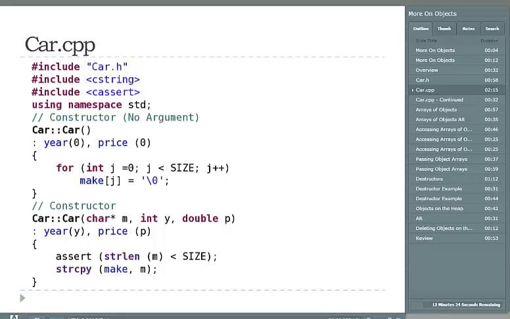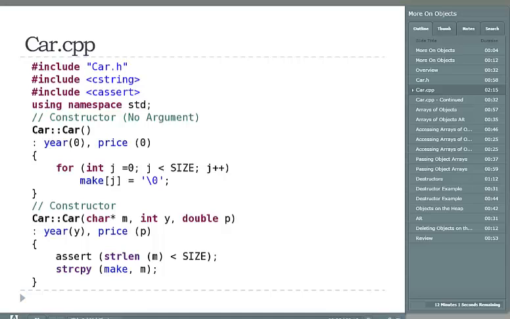So now that we've seen the interface or the declaration of the car class inside of car.h, let's see the implementation in car.cpp. As usual, the implementation file or the CPP file includes the interface or declaration file, in this case car.h.